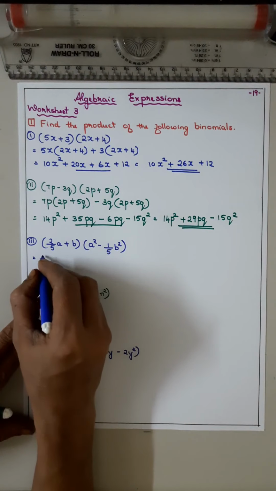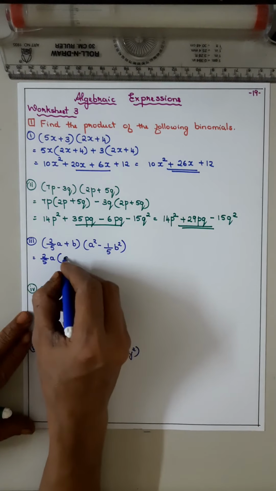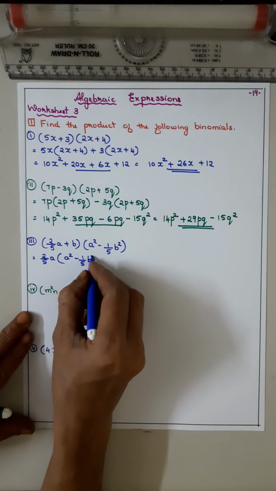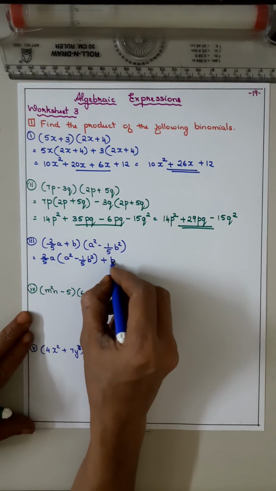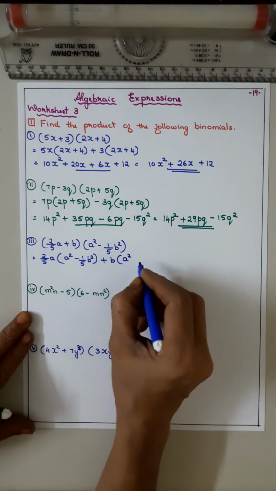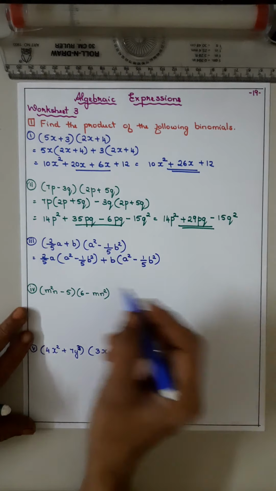So that is 2 by 5a bracket open, a squared minus 1 by 5 b squared. The second term is plus b, now bracket open, this full, a squared minus 1 by 5 b squared.